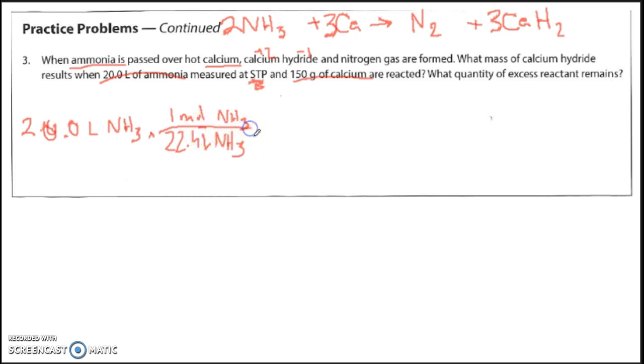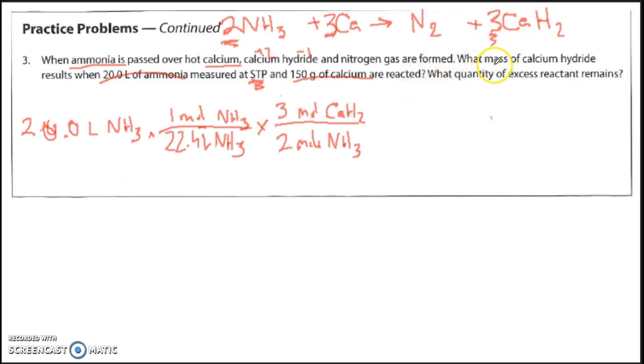So I'm now in moles of NH3. It specifically asked me for calcium hydride. So I need the mole ratio between ammonia and calcium hydride. So ammonia is in the numerator here, so it needs to go in the denominator here. 2 moles NH3 with the new numerator being 3 moles calcium hydride.